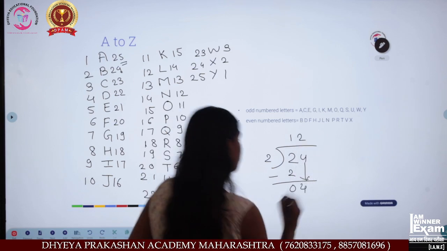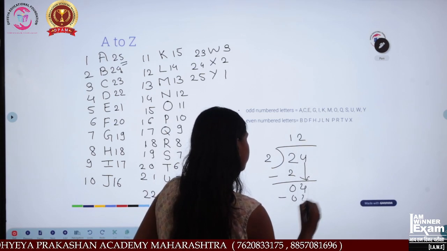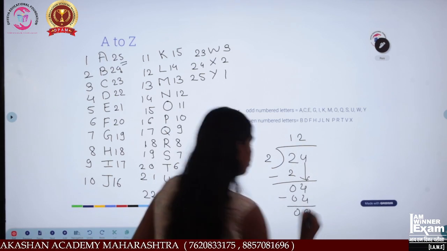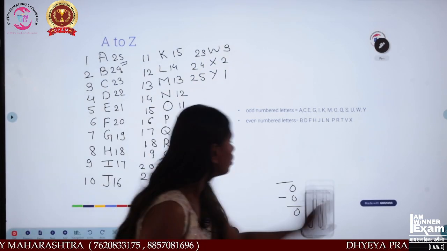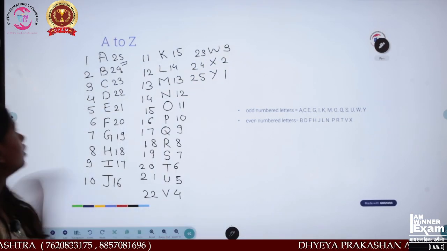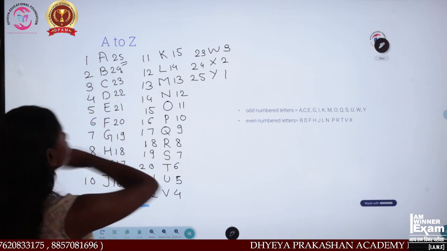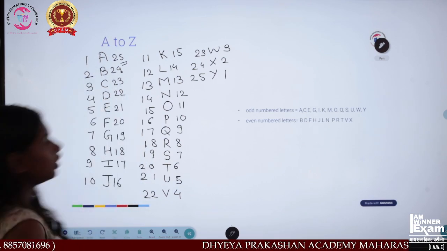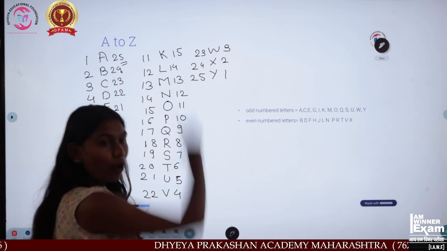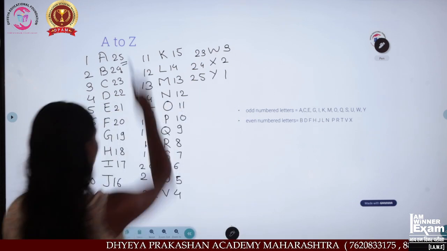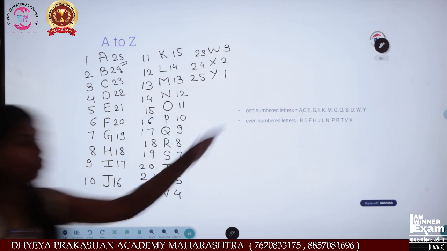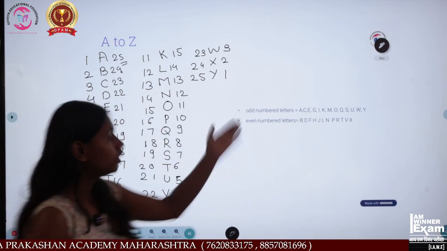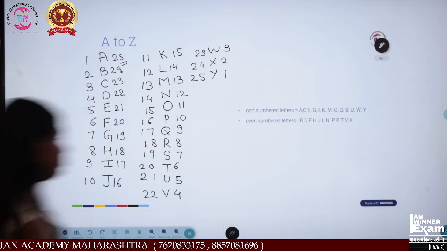Then 2 2s are 4. Then the remainder is 0. So 24 is divisible by 2. So it is an even numbered letter. So likewise, they had taken all the numbers from the left hand side and separated them into even and odd numbers.